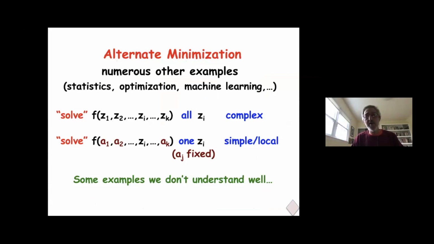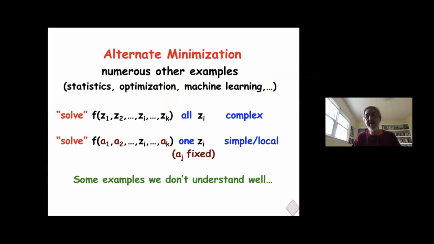Generalize the algorithm. Alternating minimization is a very, very common heuristic. It appears all over the place: statistics, optimization, machine learning. In general, you want to optimize, sample, whatever, a function in some number of variables, let's say k.